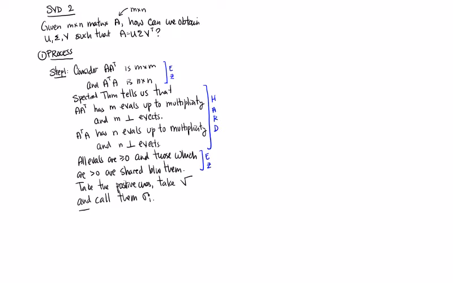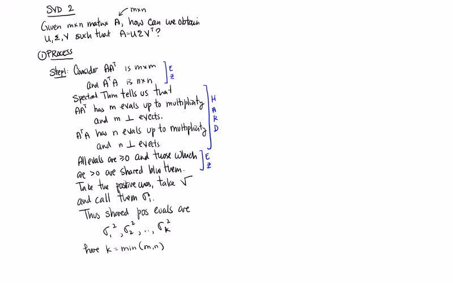So the shared positive eigenvalues will be sigma 1 squared, sigma 2 squared, up to sigma k squared. If you're wondering what the k is in this case, k is the minimum of m and n.